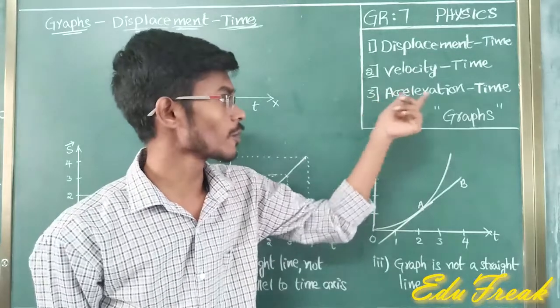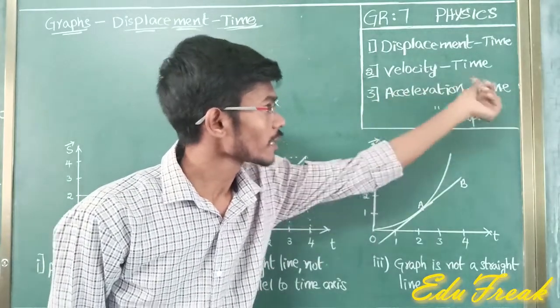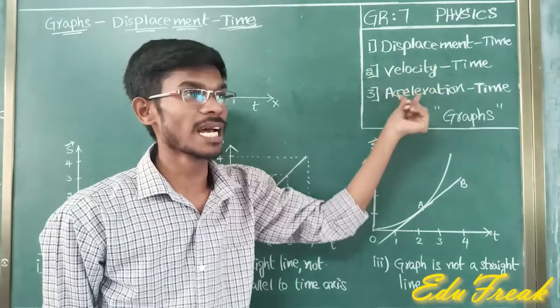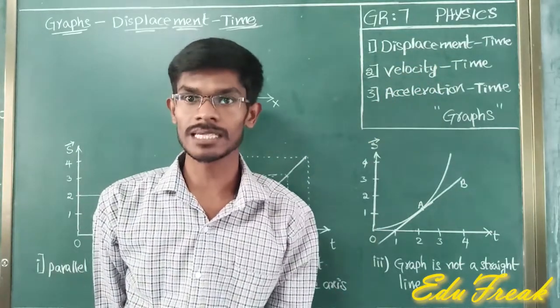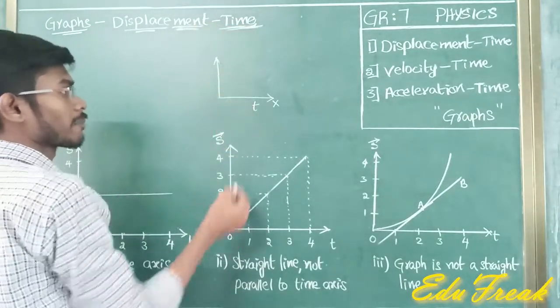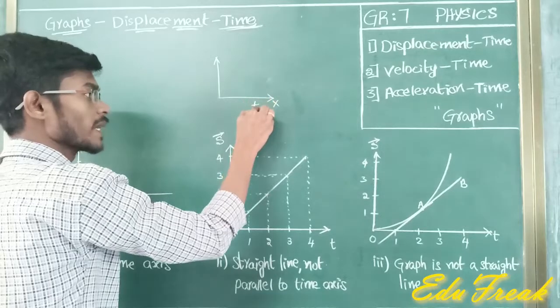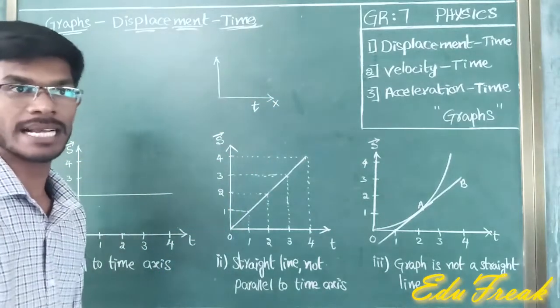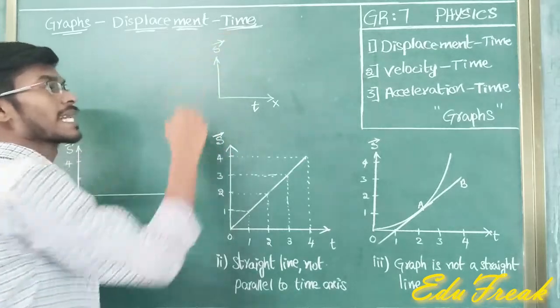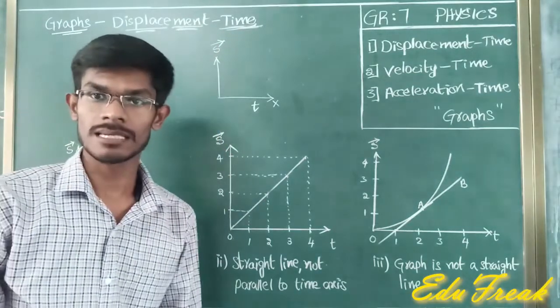With respect to those time intervals, we derive displacement, velocity and acceleration. So in a displacement time graph, the time is taken along the x-axis and the displacement along the y-axis.